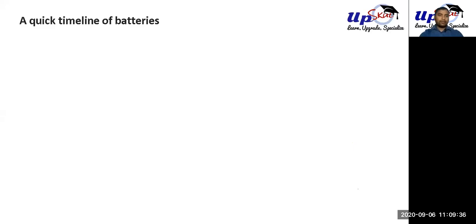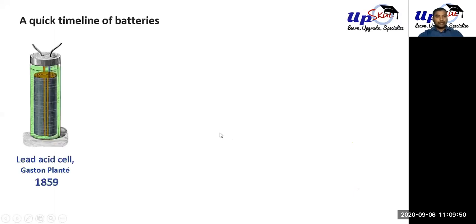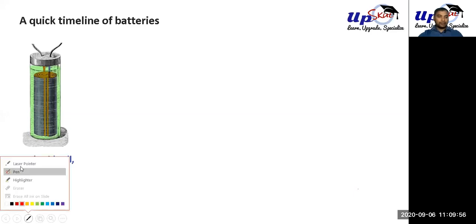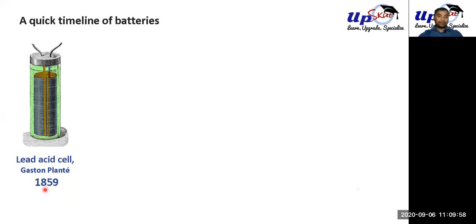Before starting with batteries, let me take you through a quick timeline of battery development. As you can see, the lead acid cell was actually invented in 1859. That is like 160 years from today, right?